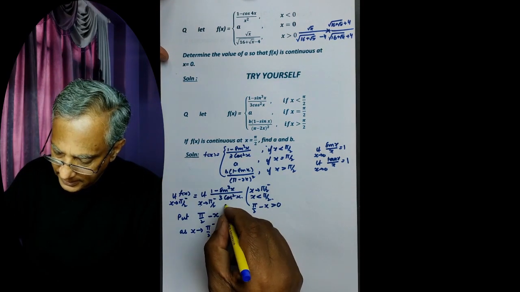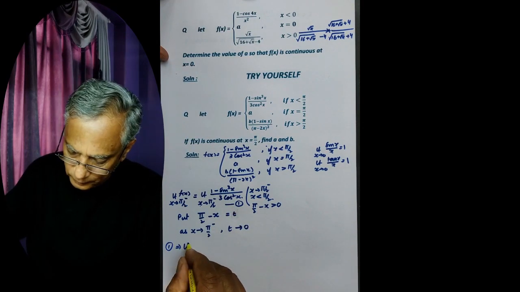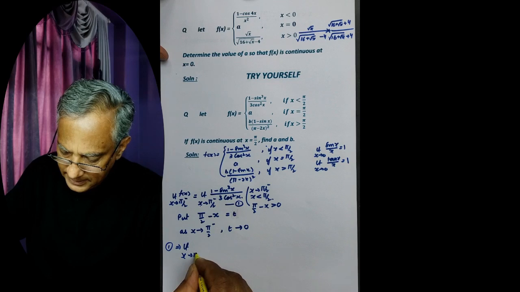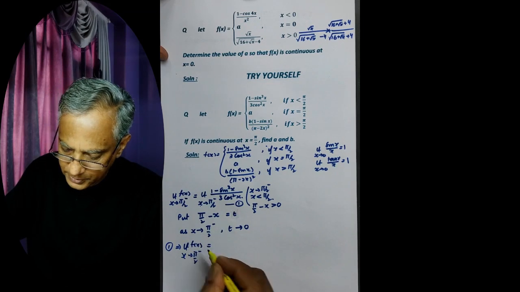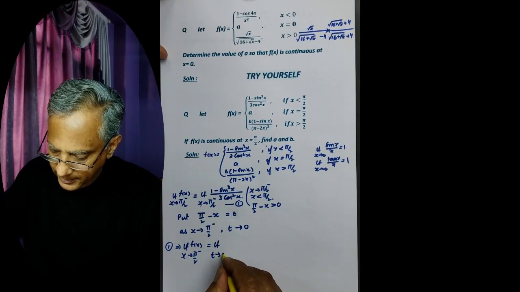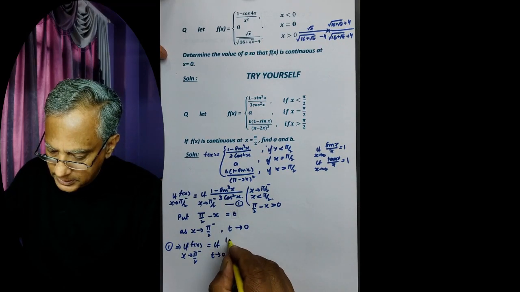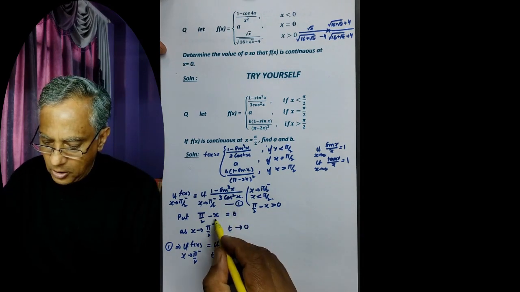And we can write 1 implies limit x approaches pi by 2 from negative side f(x). This is equal to limit t approaches 0, 1 minus. Now x, how much is x?